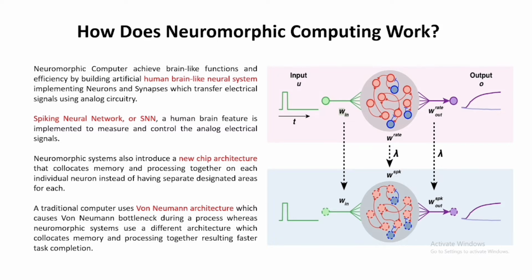Neuromorphic computers, as I have already mentioned, use a new chip architecture, which collocates memory and processing together on each individual neuron, and this results in faster task completion, faster programming, and faster computing as a result. So this is how neuromorphic computing works. Basically, there are synapses and neurons, and they are interconnected, and there is a new chip architecture which allows faster computing and faster programming.